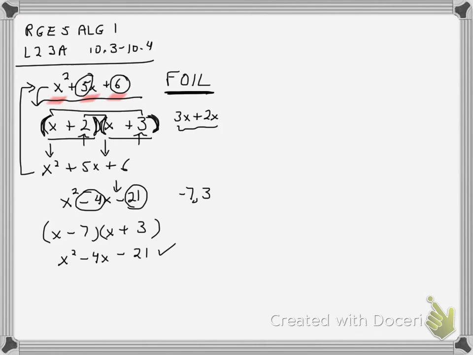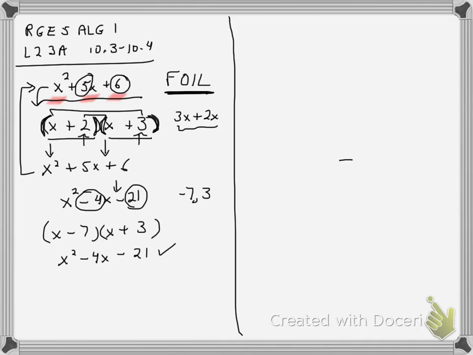Now, what are we trying to do then in 10.3? It says factoring polynomials that have common factors. So we've been dealing in this chapter with common factors. And recall, a common factor will divide evenly into all the terms that we care about.